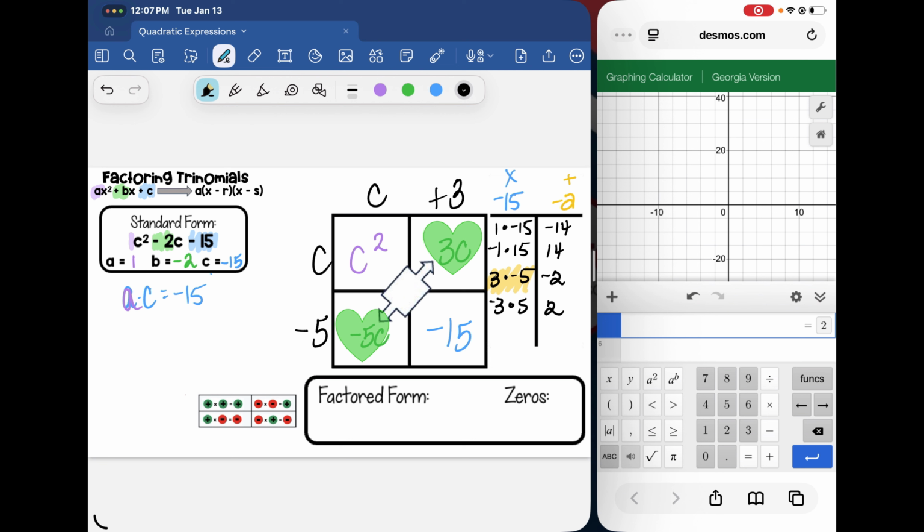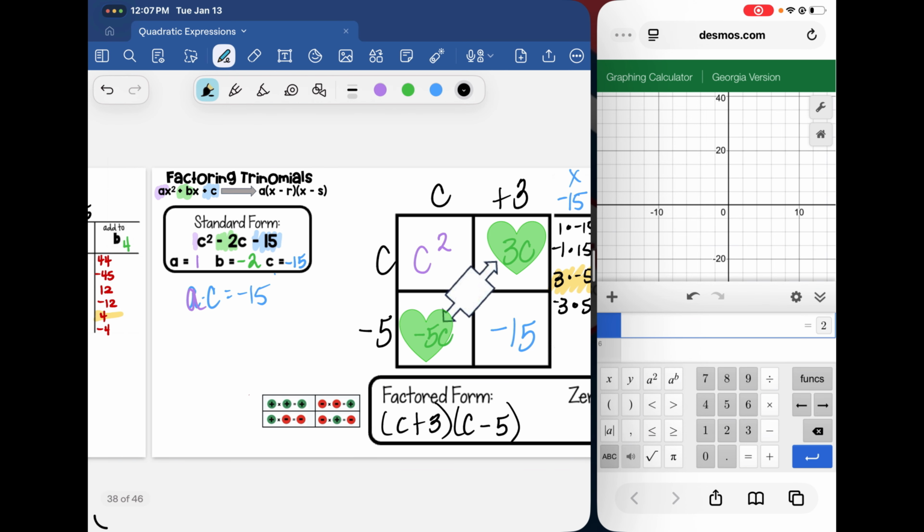One of my parentheses will be c plus 3. And one of my other parentheses would be c minus 3. My bad, c minus 5. What would be my zeros?